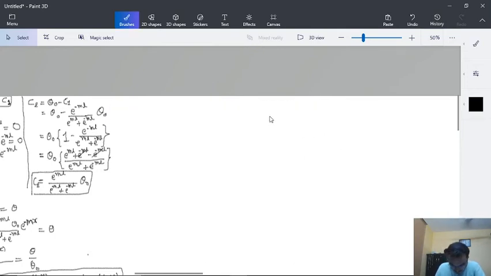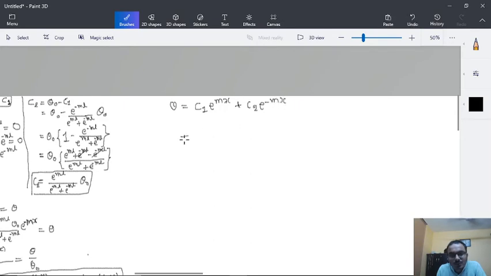The profile will be obtained with our standard formula: theta is equal to C1 e raised to mx plus C2 e raised to minus mx.